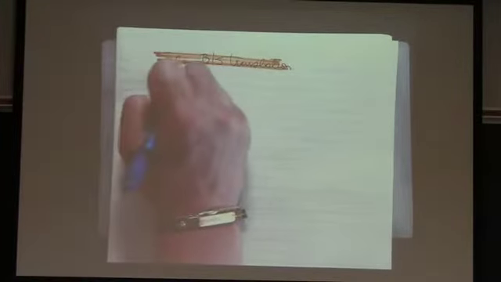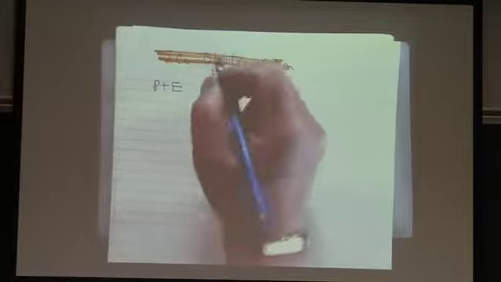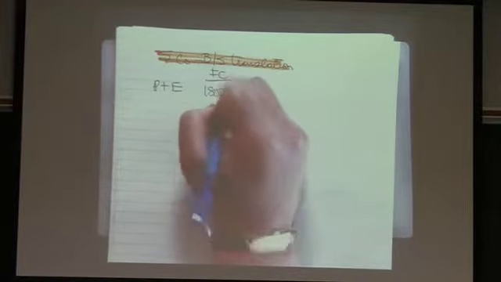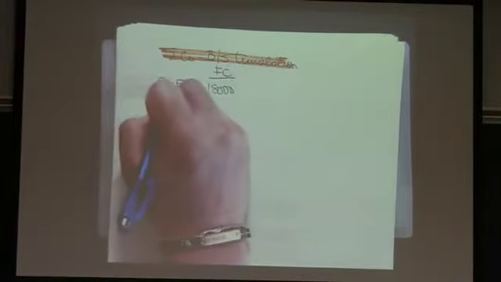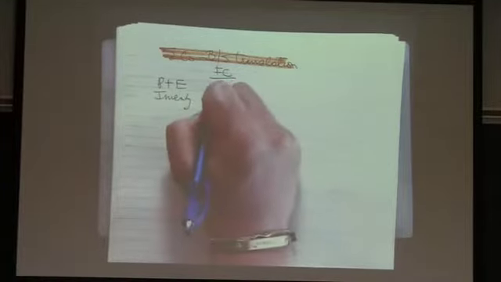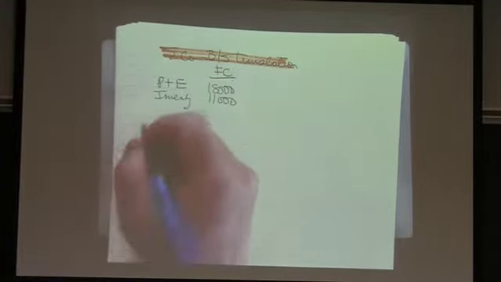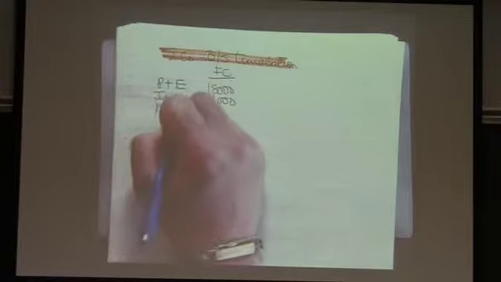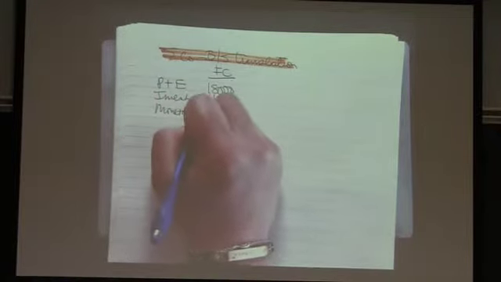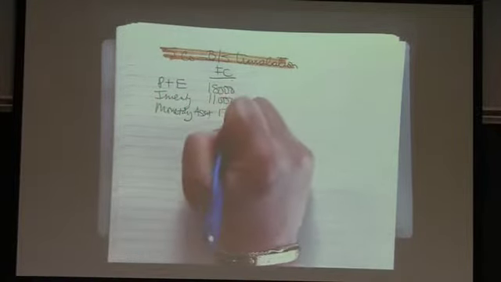Okay, so P&E, property and equipment, foreign currency, we know that was 18,000. Inventory is $711,000, and monetary asset is $17,000.